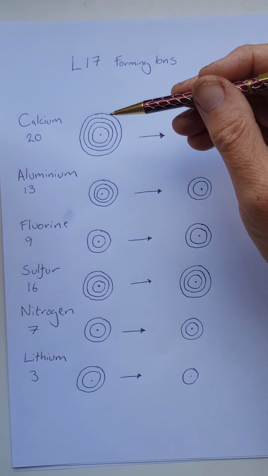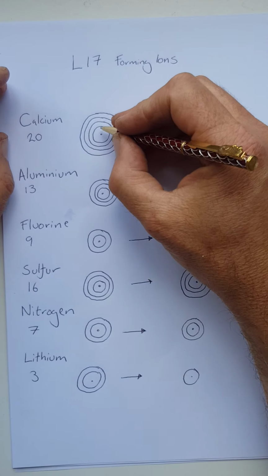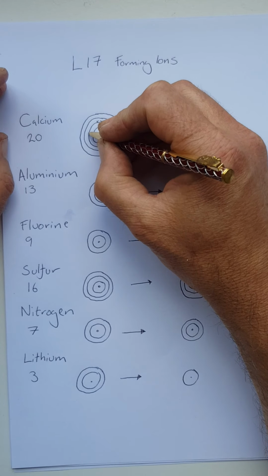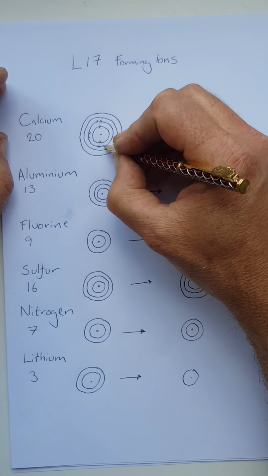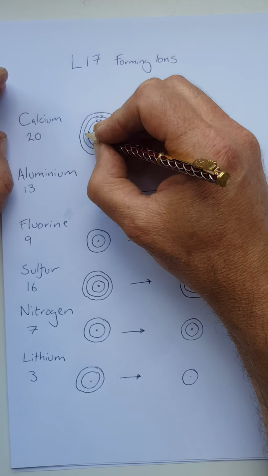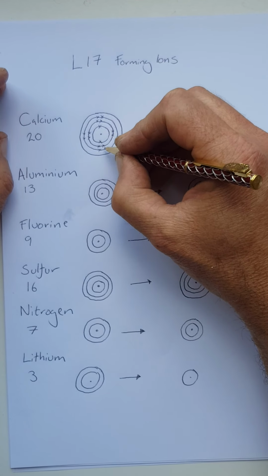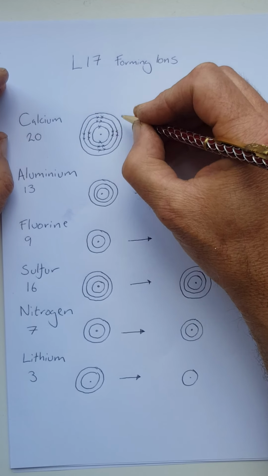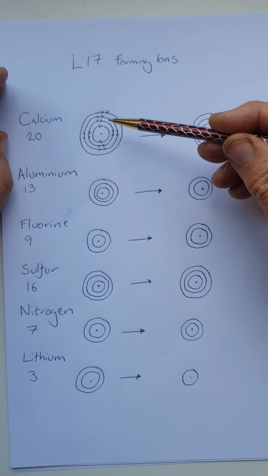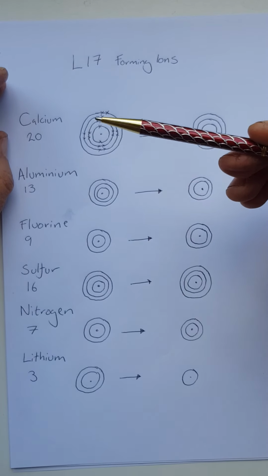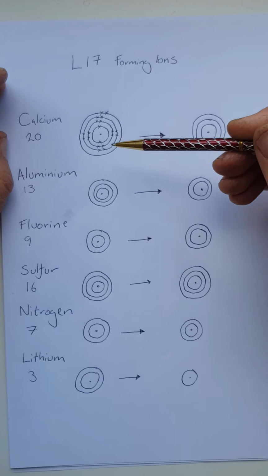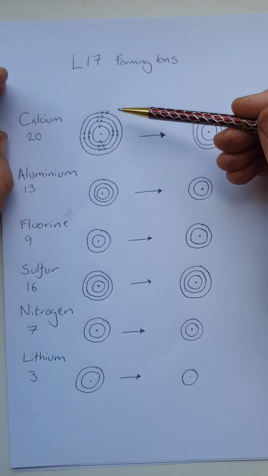So calcium is element number 20, and so it's got 20 electrons. Now, the thing about atoms is that the electrons form in shells, but an atom who hasn't got a full outer shell is an unstable one.